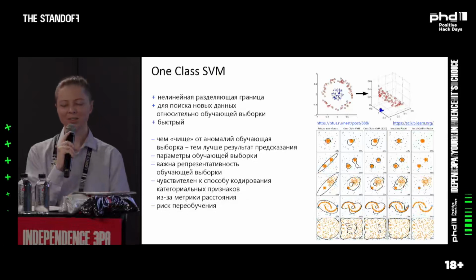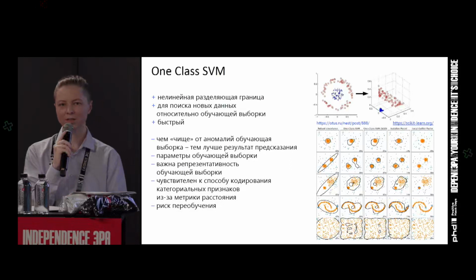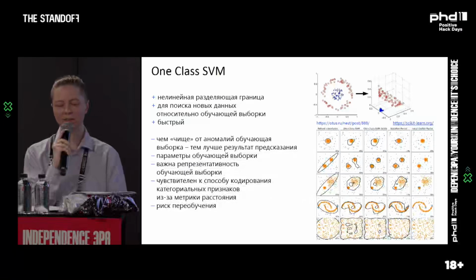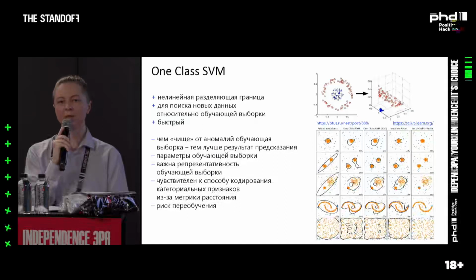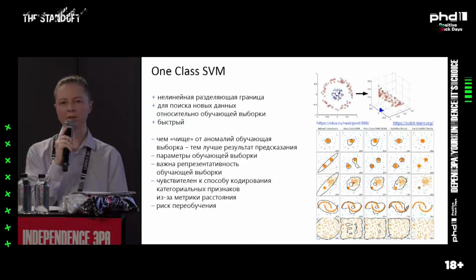And I also wanted to say just one funny bit. This used a metric of distance, so it uses the categories, the addresses, the source, the recipient, and we use different types of coding.